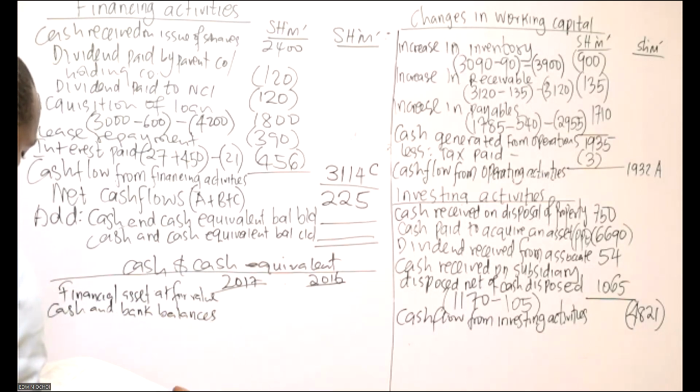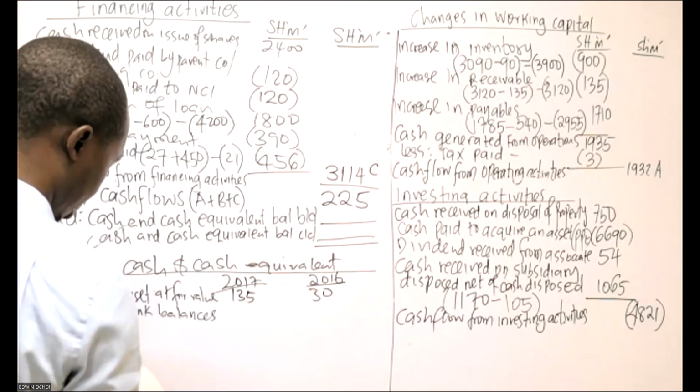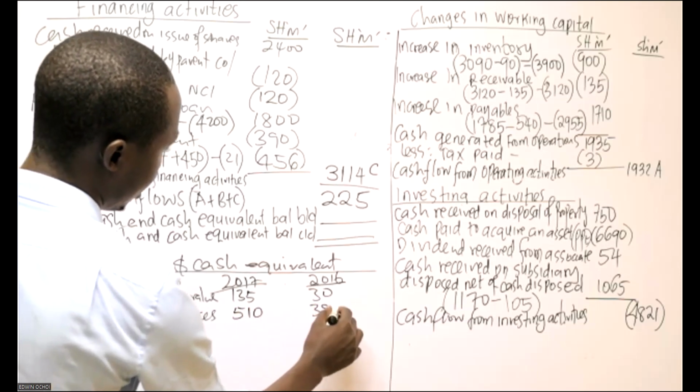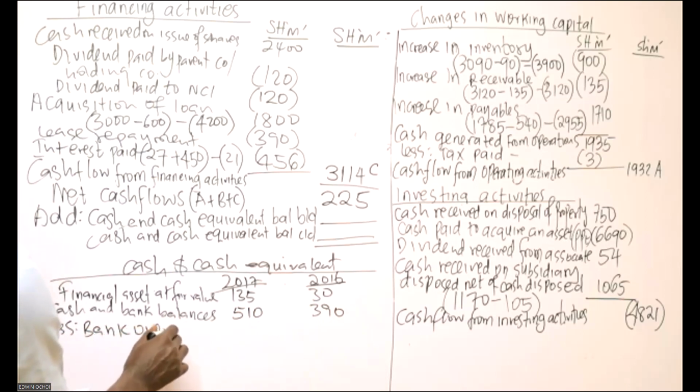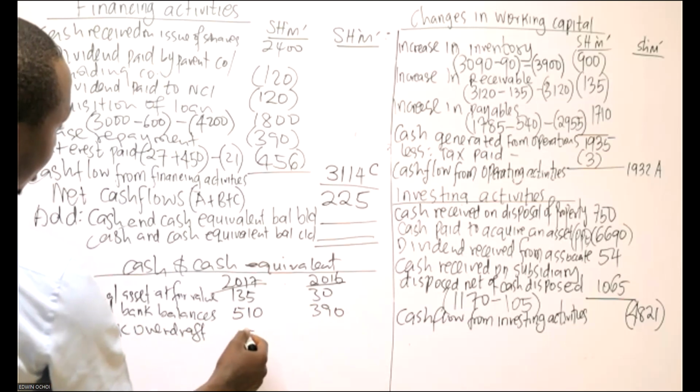So our cash and bank balances, we have 135 and we have 30. We have 510, 390. Then we raise overdraft. Was there bank overdraft? In the current liabilities, there's no bank overdraft. I could have deducted.